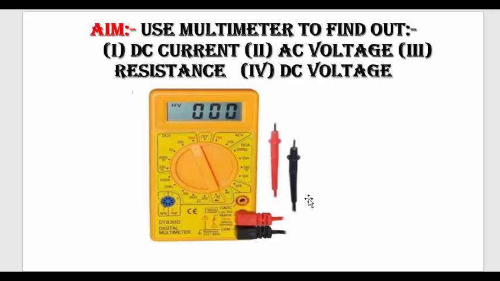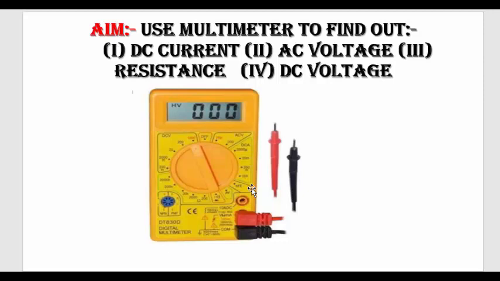We can use a 9-volt battery. The value of the DC current varies in this region from 50 microampere, 2.5 milliampere, 25 milliampere, and 250 milliampere.